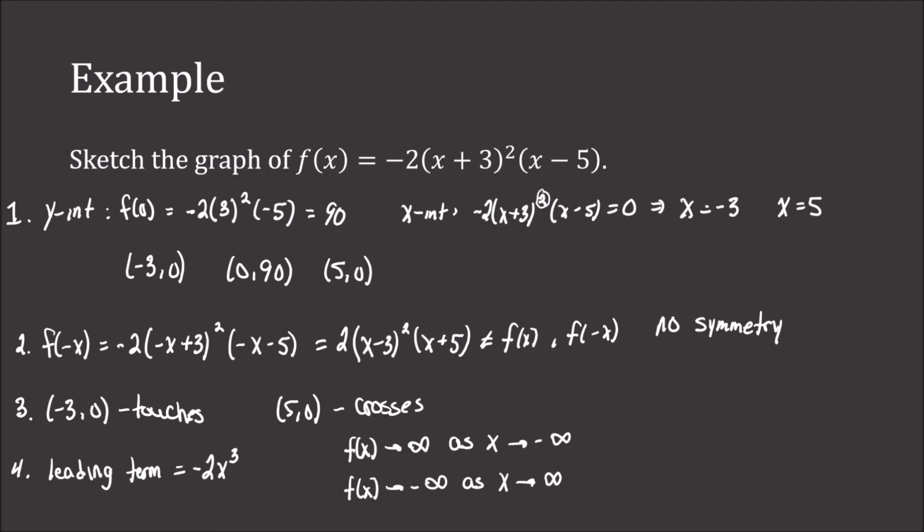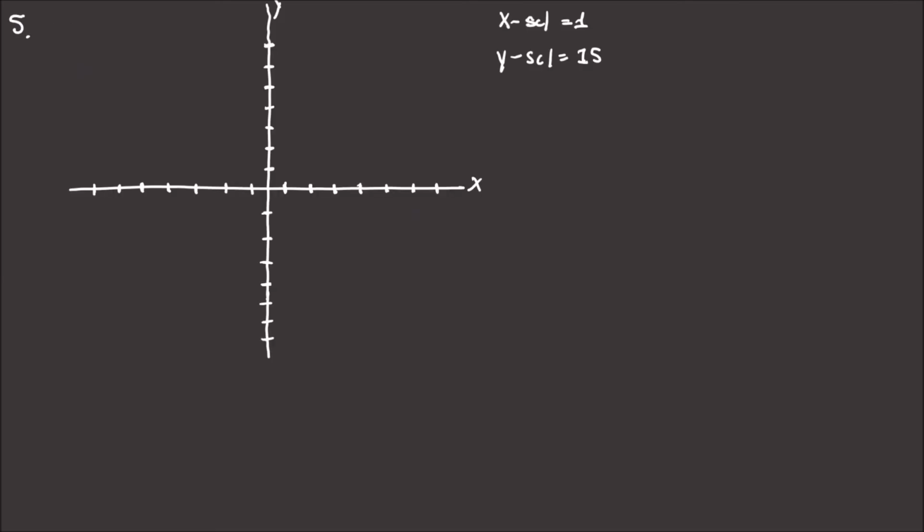So we are now in a position to do step 5, which is to actually sketch the graph. So here is my coordinate system. My x scale is 1, which means each tick will count as 1. My y scale is set at 15, so each of these ticks will count as 15. So first let's use the intercepts.